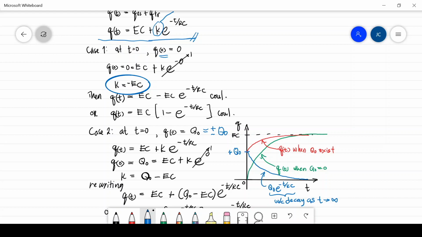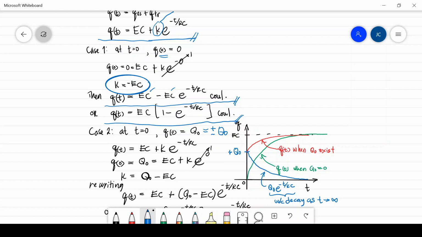Substituting this K into the equation of the charge at any time t, we shall have the equation for the charge at any time t. And factoring out EC, we can have the final form for the charge stored in the capacitor at any time t.